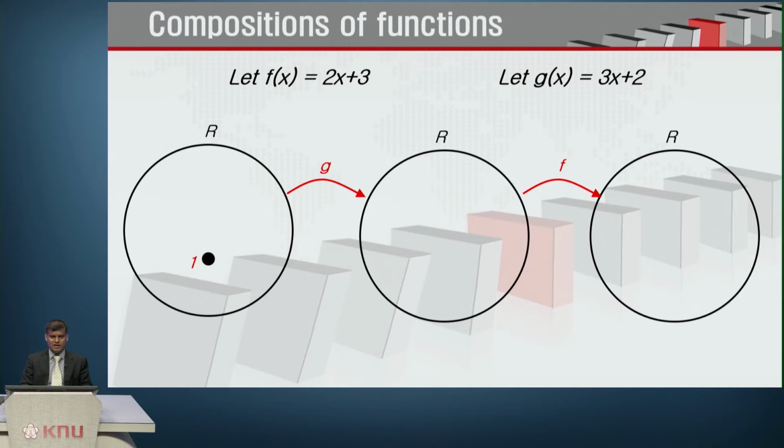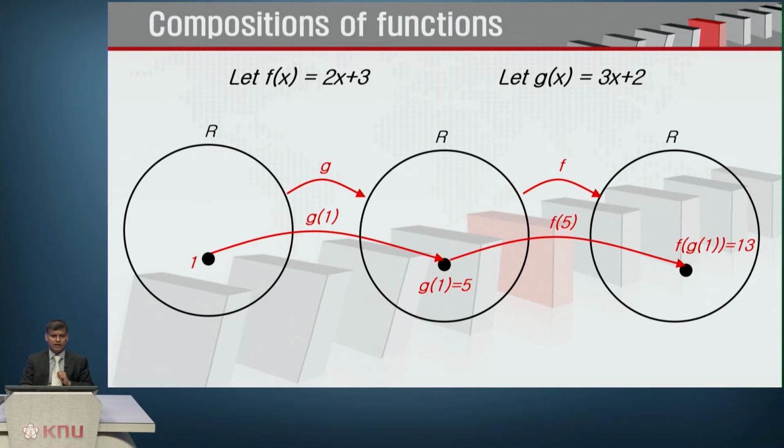So you have 1, and this 1 is mapped with g of x, that is 3x plus 2, which yields the result 5. And then you map that with f of x, that is f of 5 equals f of g of 1, that is 13.